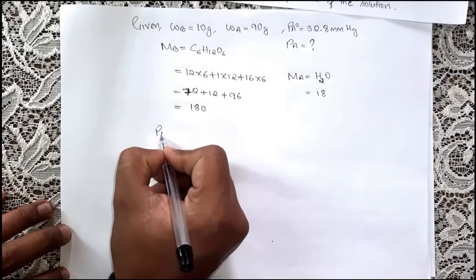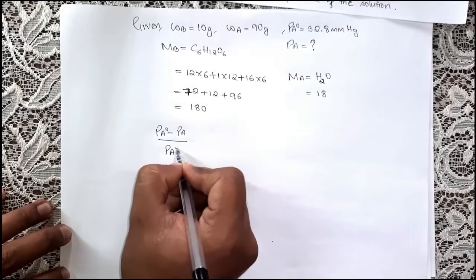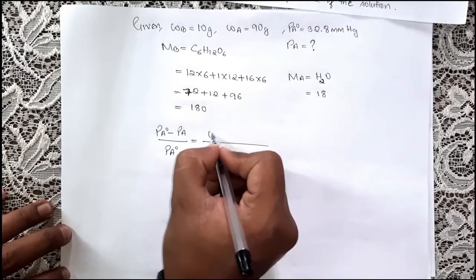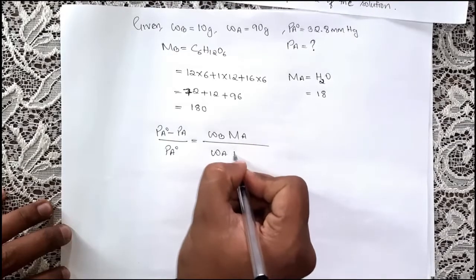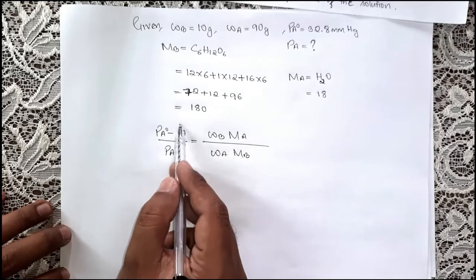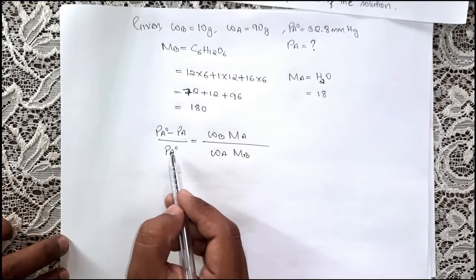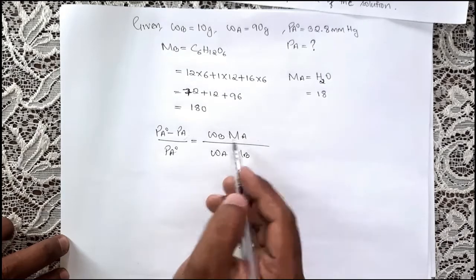So what is the formula? PA naught minus PA divided by PA naught is equal to WB MA by WA MB. Since we're supposed to calculate this one, what I will do is move this one out here, cross multiplication.